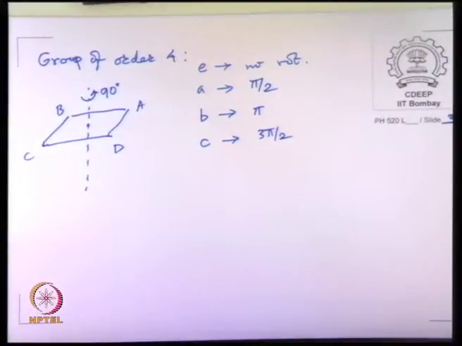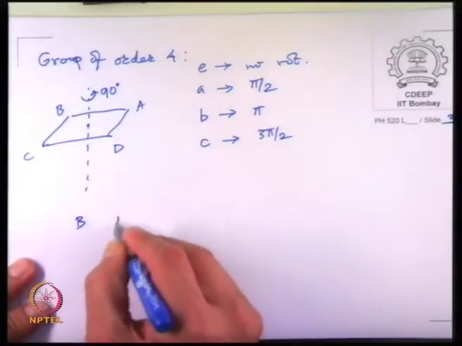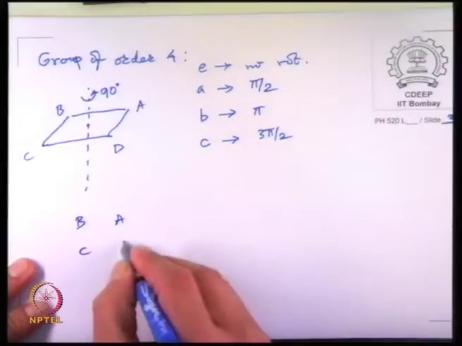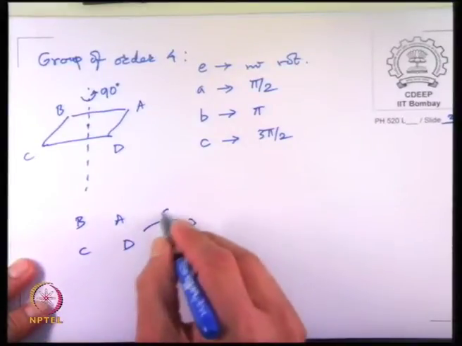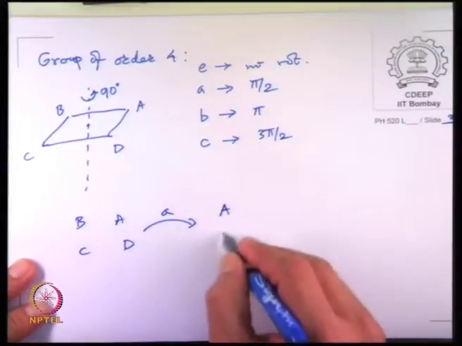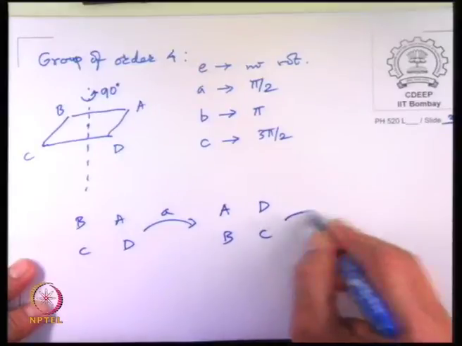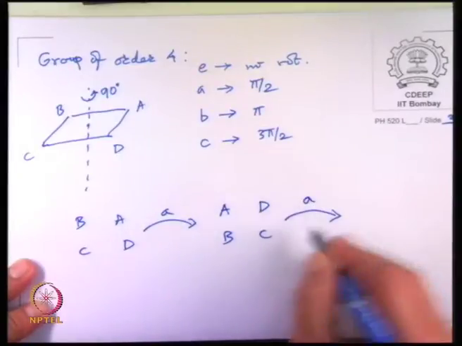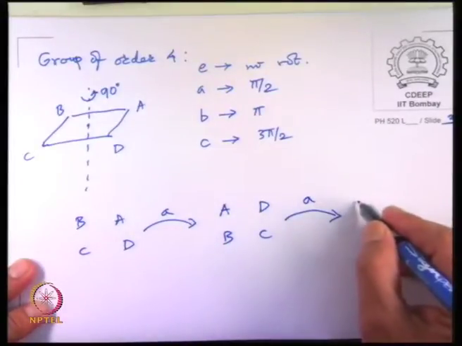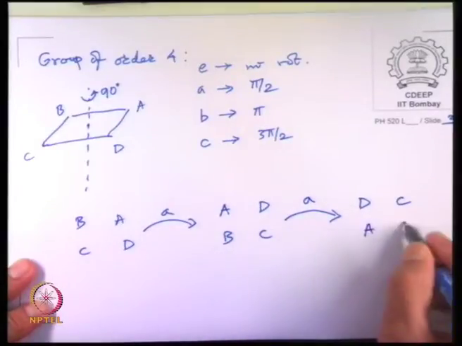So if I have A, B, C, D, let us draw a smaller picture. If I do operation A, it becomes A, B goes here, C goes here, D goes there. If I do another operation, it is still operation A, but now it becomes D, C, A, B.